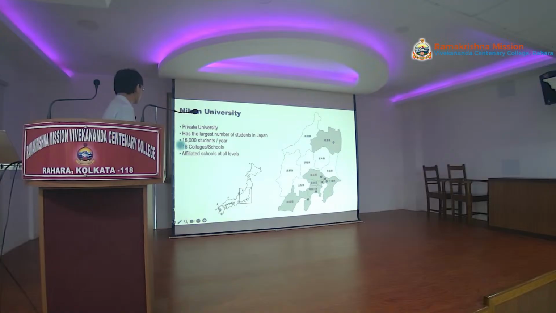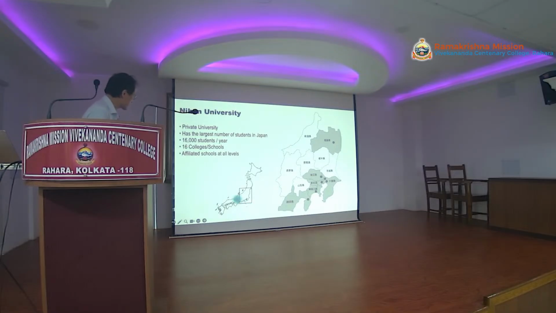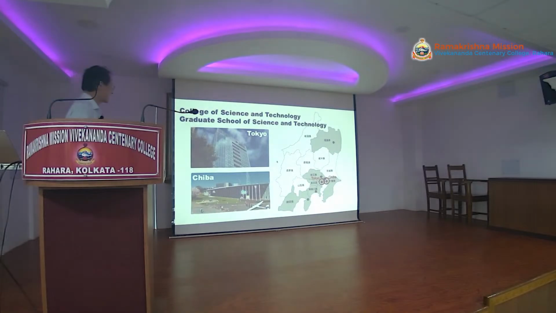We have 16,000 students per year and 16 colleges and schools, and we also have high schools, junior high schools, and elementary schools all over Japan. Among the colleges, these two are the College of Science and Technology campuses.